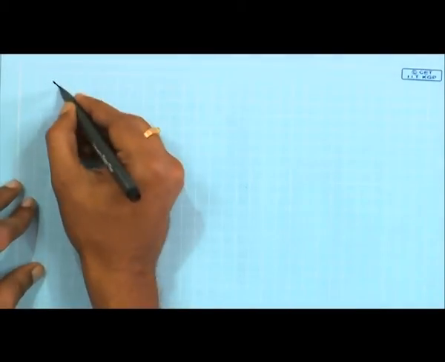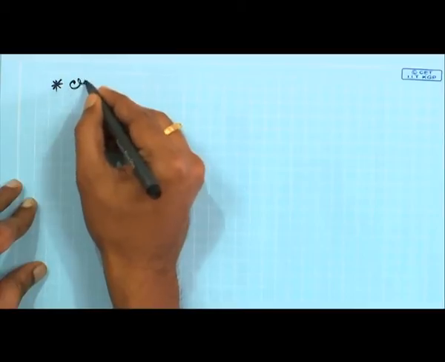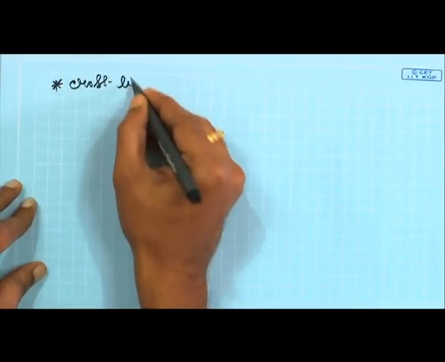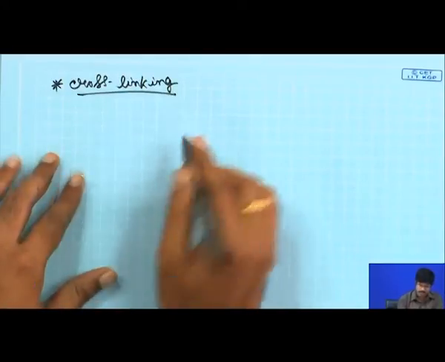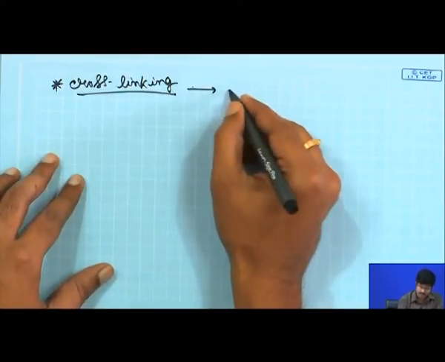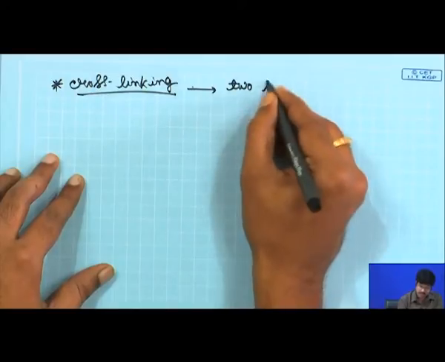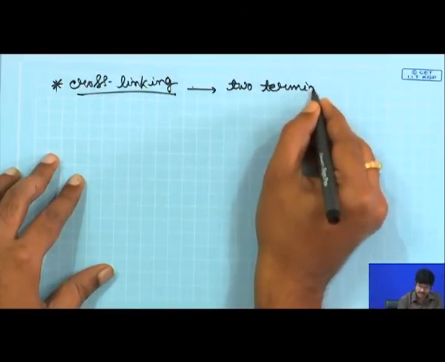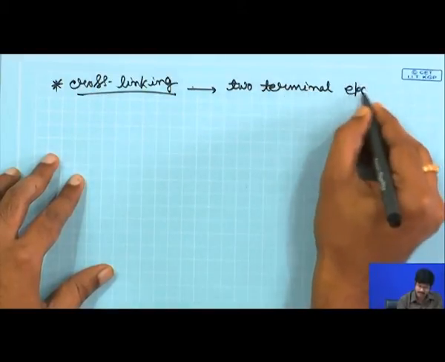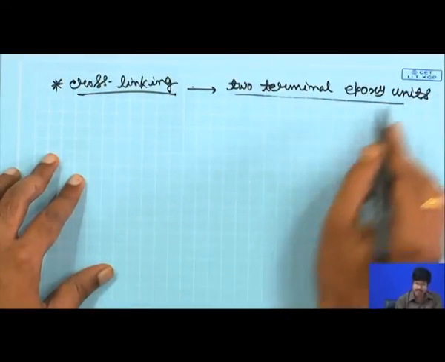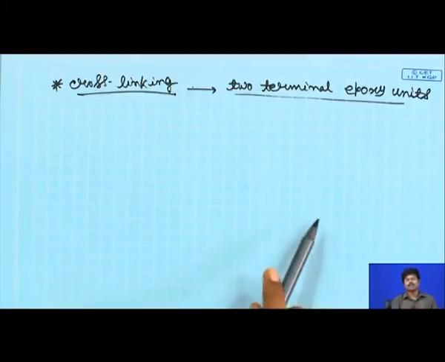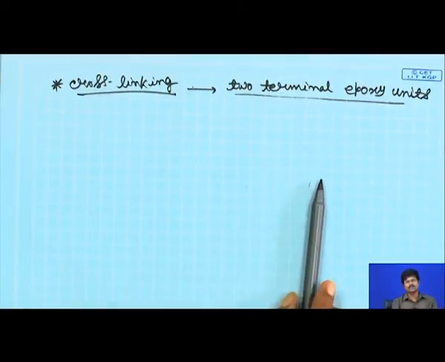So, finally, what I am going to tell you a little bit about is the cross linking process of these epoxy resins. So, you can use the two terminal epoxy units, but if the molecule is very long, then of course, your epoxy equivalent weight is very high.